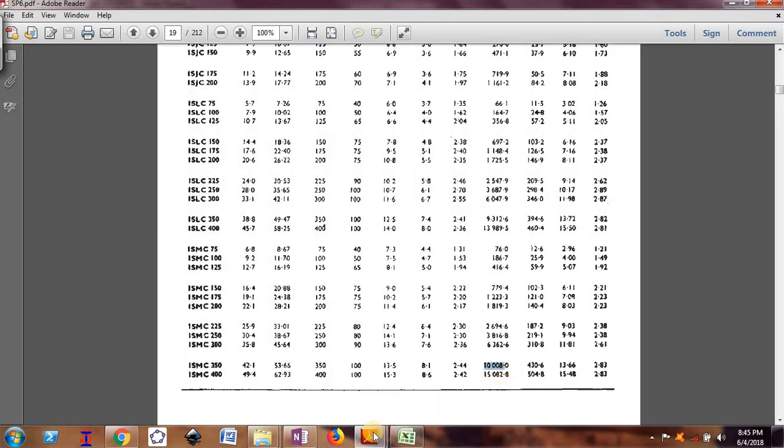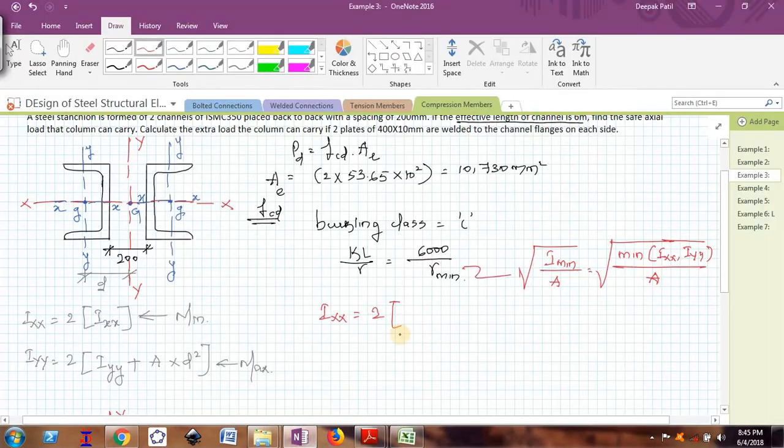It is 1,008 cm to the power 4, given in the table, so it is 1,008 into 10 raised to 4. Because it is in centimeter units, I need to convert it into millimeter units. So it will be 2 times 1,008 into 10 raised to 4. I'm getting 200.16 into 10 raised to 6.